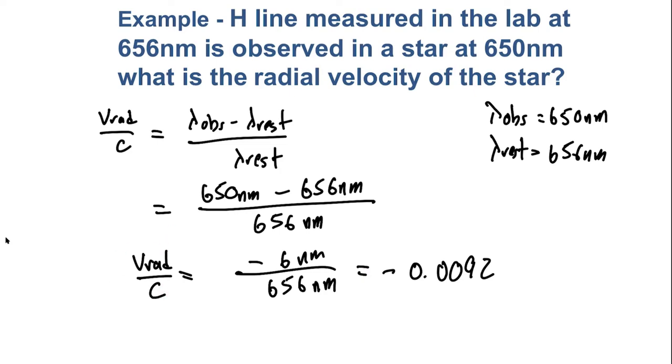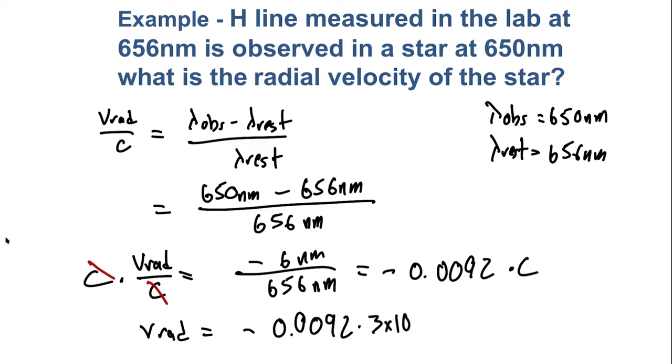Sometimes I'll ask you to multiply both sides by C and actually get a number that has units. So let's go ahead and do that. If we multiply both sides by C, the C's cancel out on this side, and we get V rad by itself over here. And over here, we get negative 0.0092 times the speed of light, which we know is 3 times 10 to the 8 meters per second.